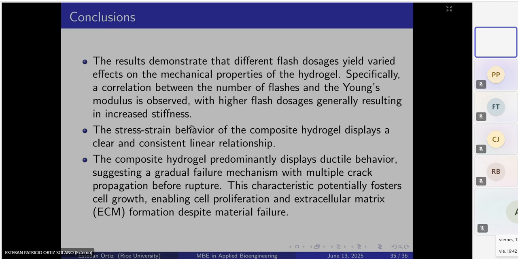Between 200 and 500 joules, you can increase the Young's modulus in an optimal way. Something I was looking at as well is that the strength behavior is linear. Although it is a composite, the behavior is linear. It is really helpful to know this because when you're designing or doing simulation, you can treat it as linear.